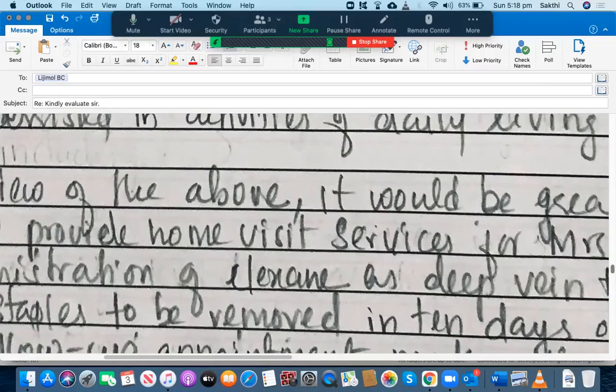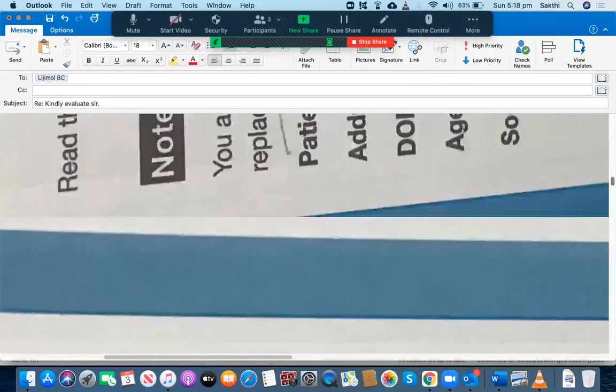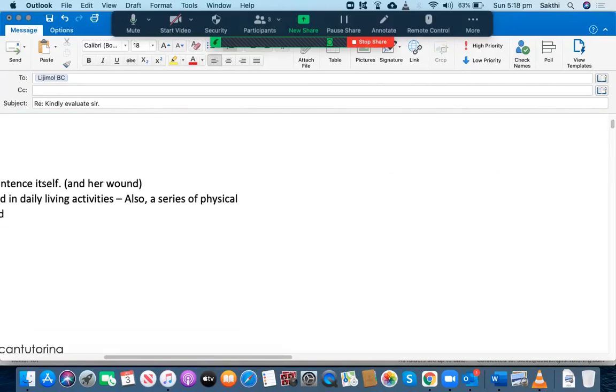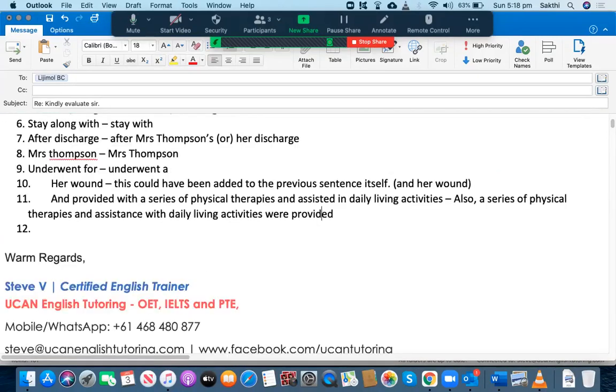Do you understand? But in the case note, they are not mentioning sending a nurse to the home. Otherwise, you can use maybe. But home visit services are the same thing, isn't it? The services that are given by visiting their home.